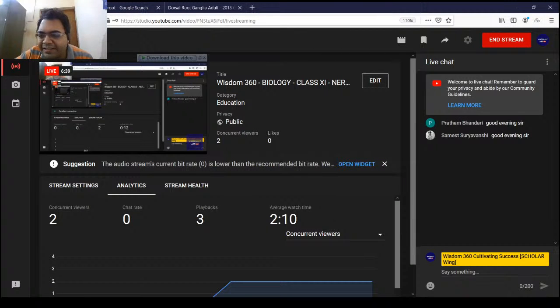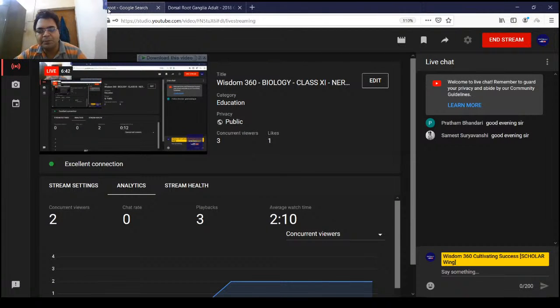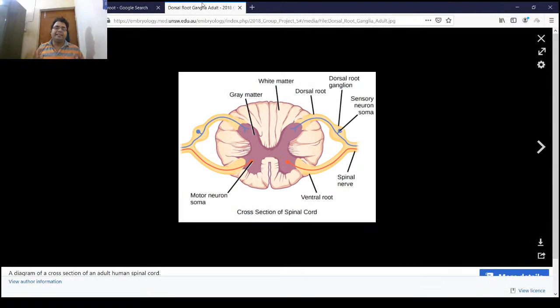Good evening, Samesh. This is the diagram of the spinal cord, and through this diagram I can explain to you the entire reflex arc or reflex action.